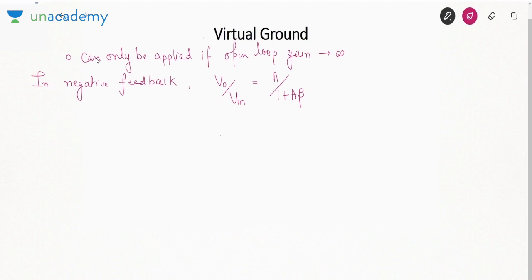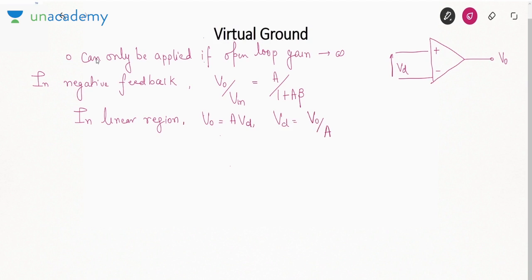Now when we are talking about the Opamp, the difference in the positive and negative voltage is Vd and output is V naught. So in the linear region, V naught is A Vd, or you can say Vd is V naught by A.